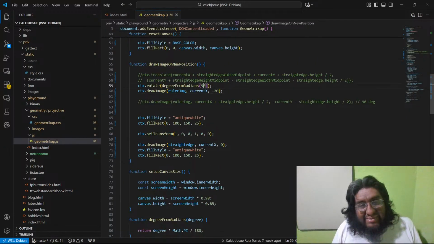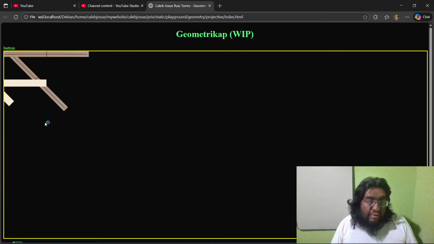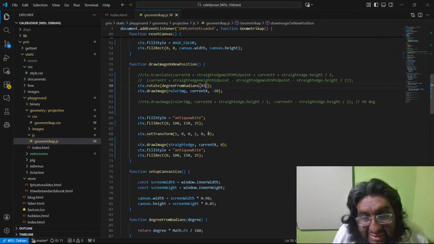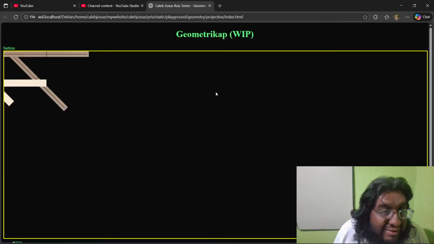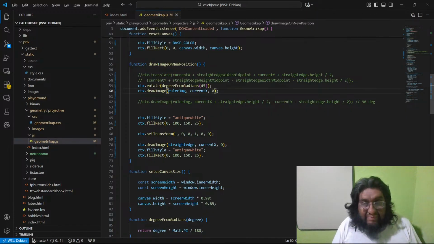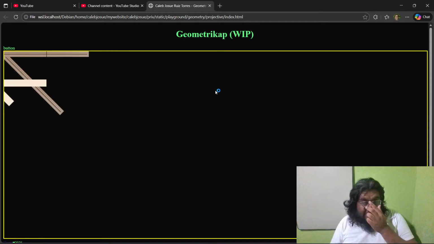It will be a little bit not straightforward because now it will be like this. See? But now, since we are at minus 20, we are going back to zero, zero, and we have the rotation.